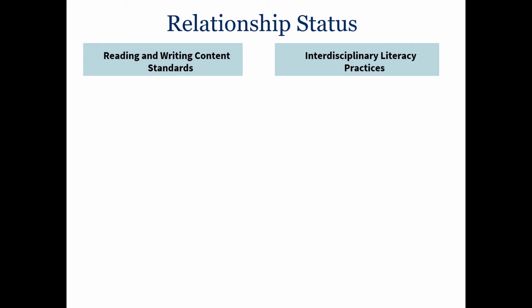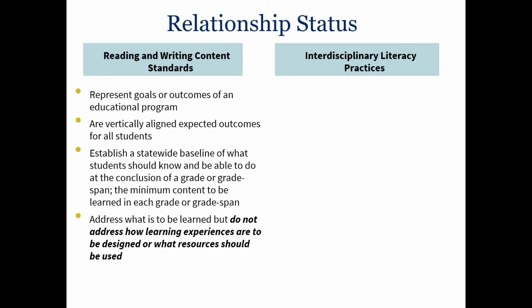So let's do this. Let's start by, this is a slide that was actually provided by KDE in their trainings that they conducted last summer to clarify the difference in the standards versus the literacy practices. Now, our reading and writing content standards represent the goals or outcomes.